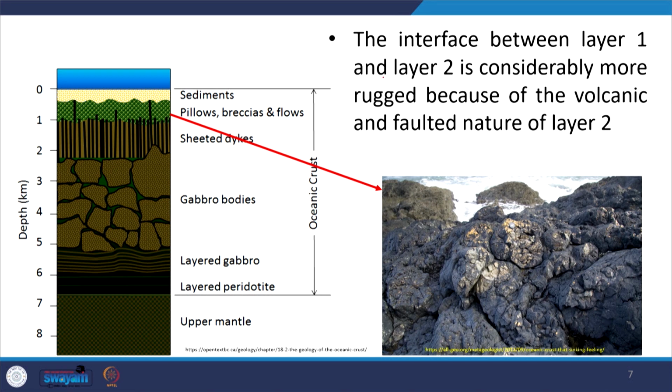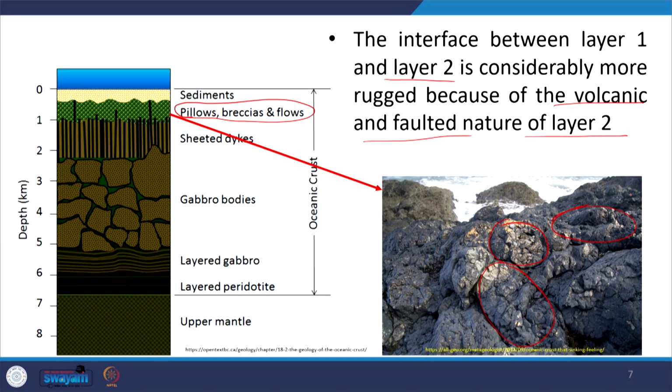Now, coming to layer 2, which is mostly of volcanic origin, it is a rugged surface, and mostly it is composed of pillow basalt. Pillow basalt, you know, forms when there is a basaltic eruption in a subaqueous environment, either in an ocean basin, in a lake, river, or it may be in the permafrost region, the ice sheet.